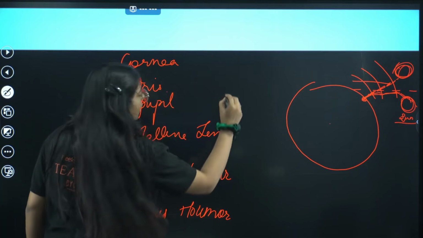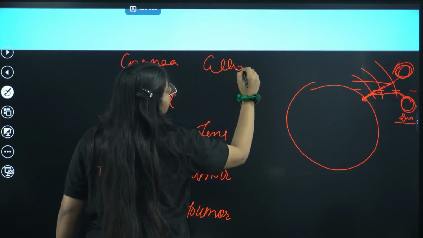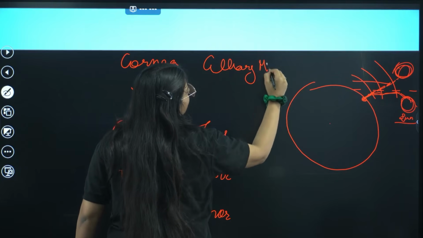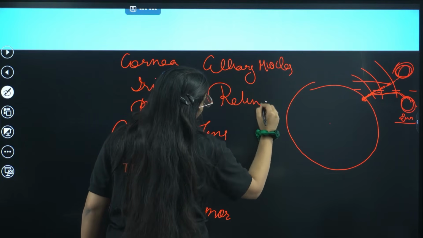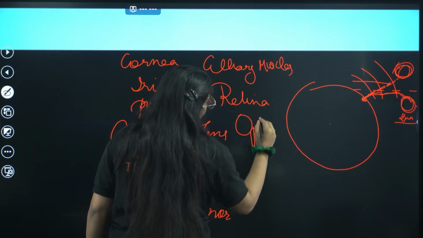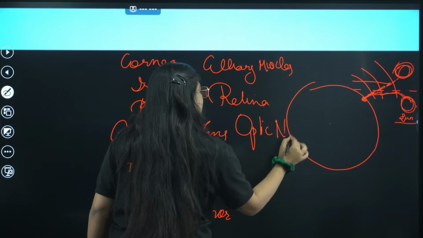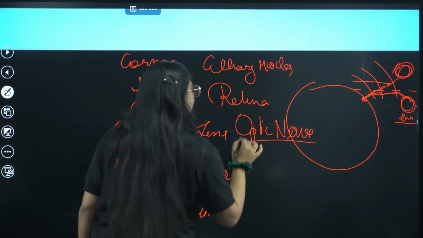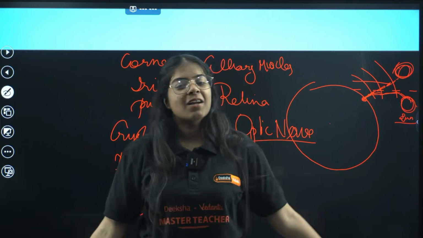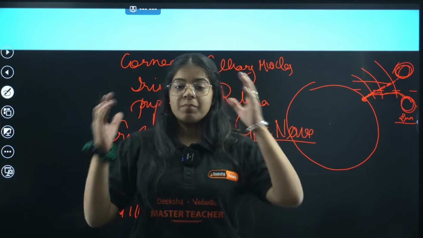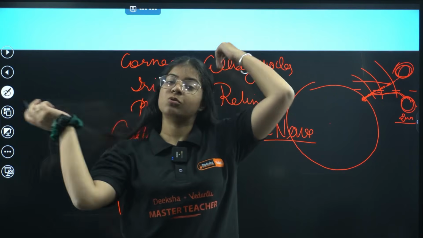We studied ciliary muscles, the retina, and optic nerve. All of these come together to help us make a very nice image of this very colorful world around us into our brain and helps us to see the world around us.